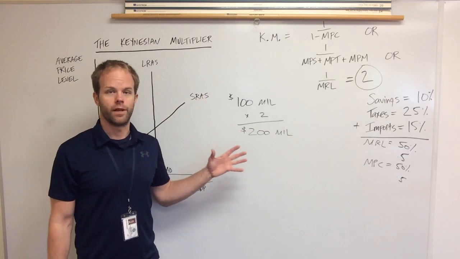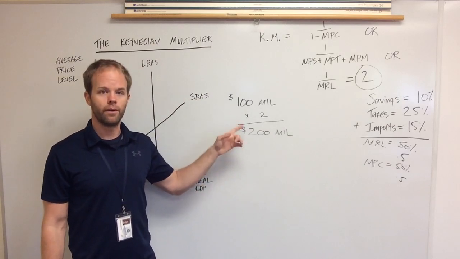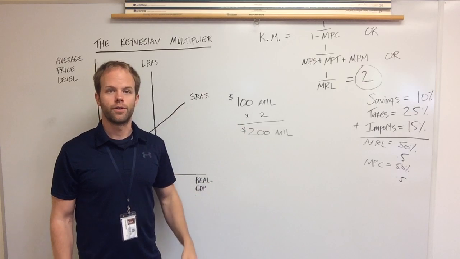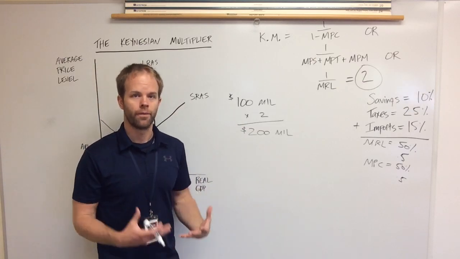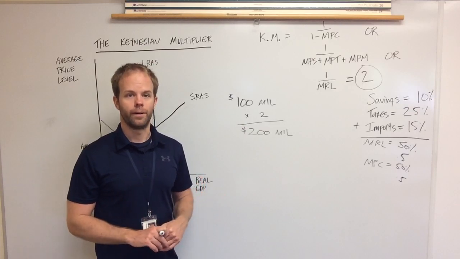So from the government standpoint, they can spend $100 million and get an increase in GDP of $200 million. That is an argument for expansionary fiscal policy.